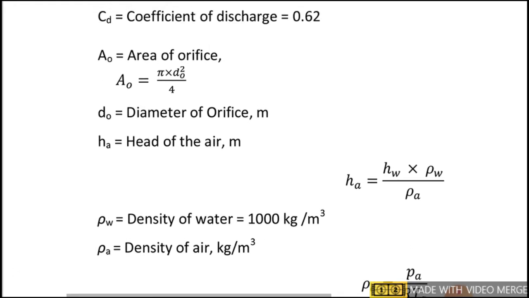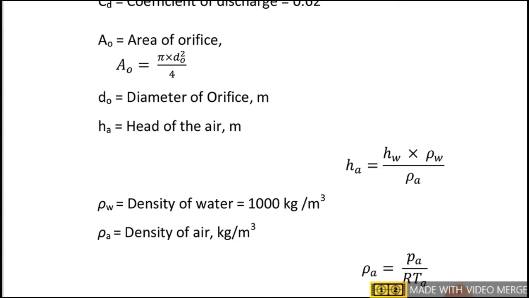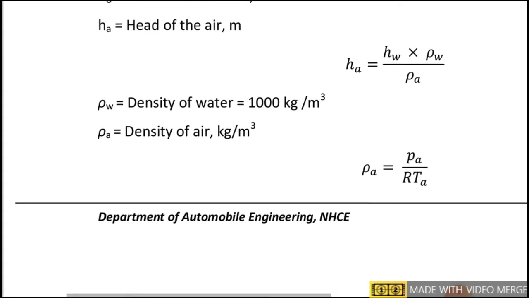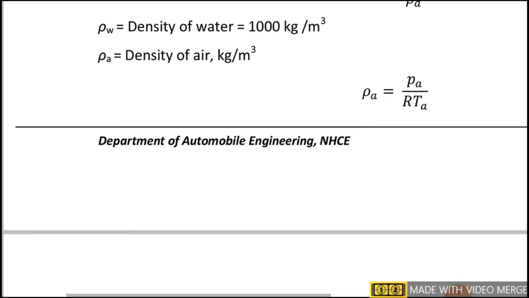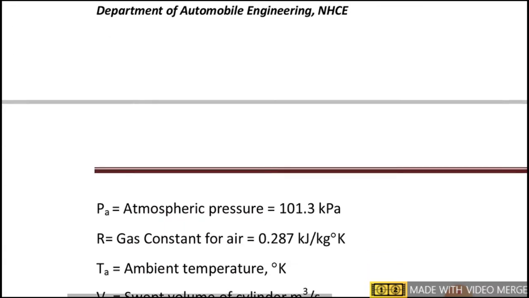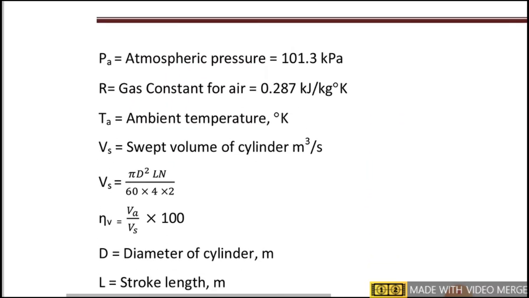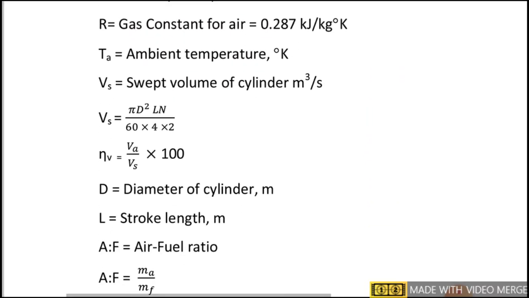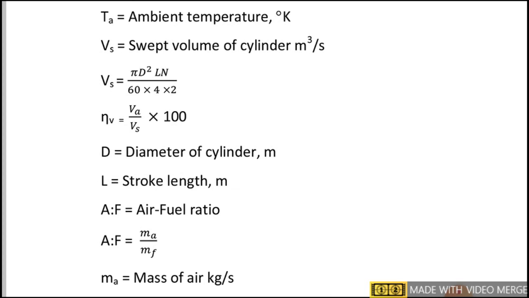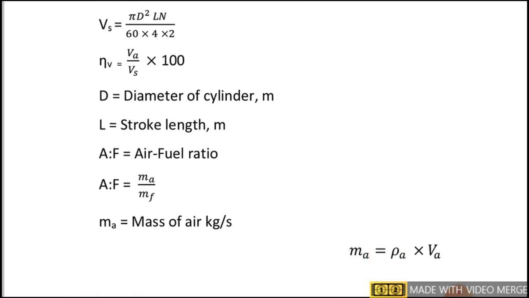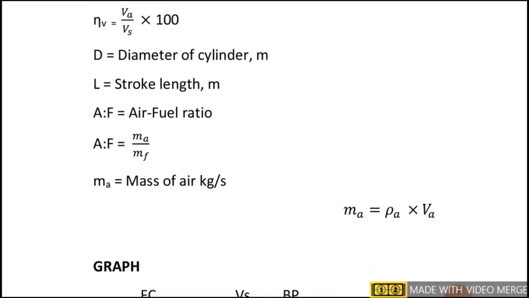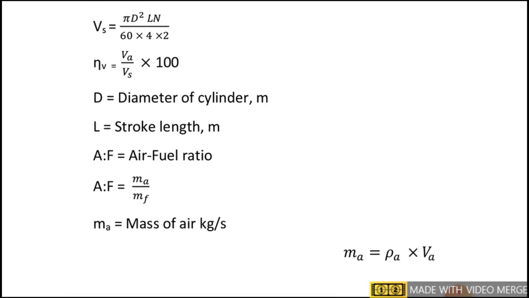So you can see the calculations part, which is very much required to know the performance of any engine. So the volumetric efficiency, VA by VS, the air fuel ratio, the mass of air by mass of fuel. So different formulas will be used here to find out each and individual parameters of the engine.